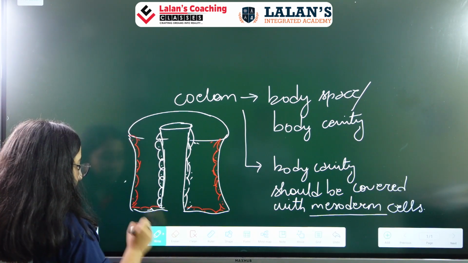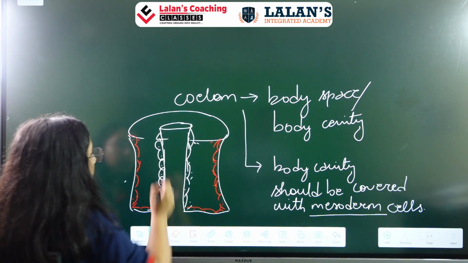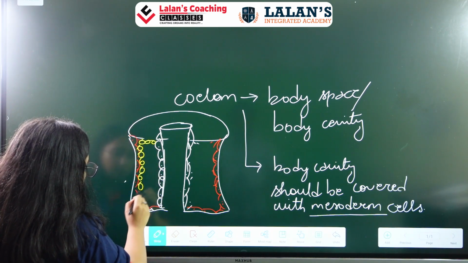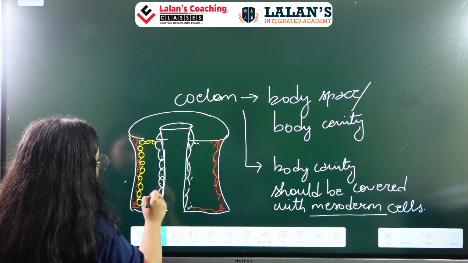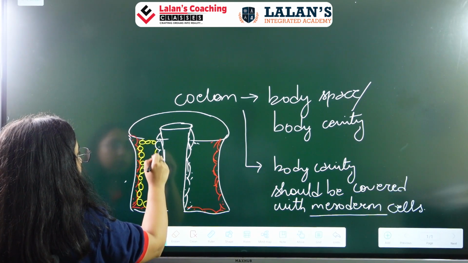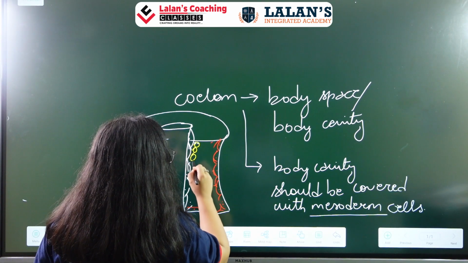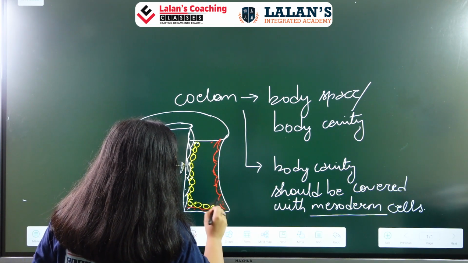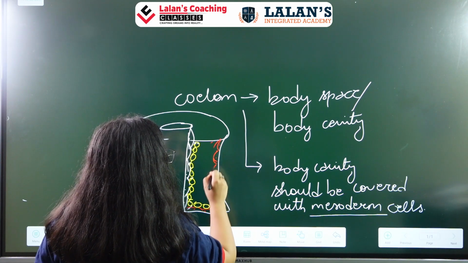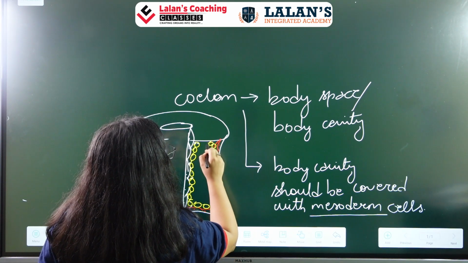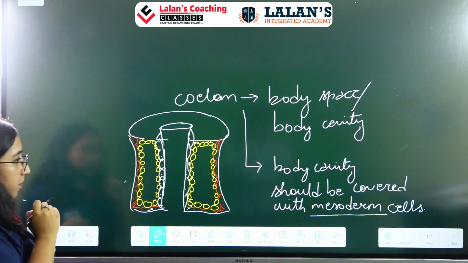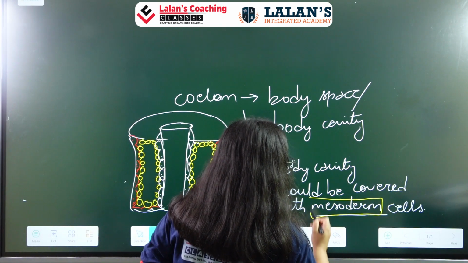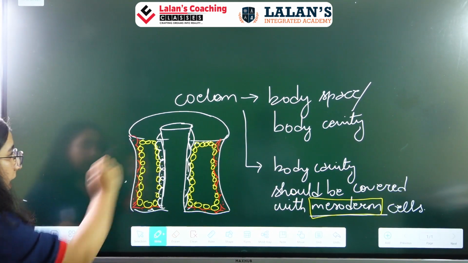And then within that, we have mesoderm cells that have covered up the entire internal body cavity, making up a huge space within the body. Now this huge space is what is termed the body cavity or the coelom, where it has qualified to become a coelom. Why? Because of the presence of mesoderm cells covering up the entire cavity.